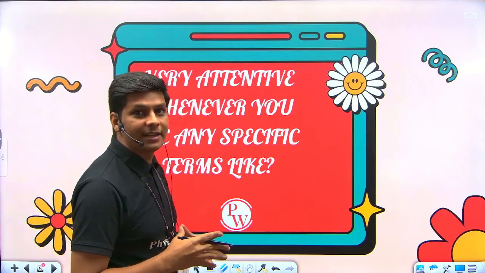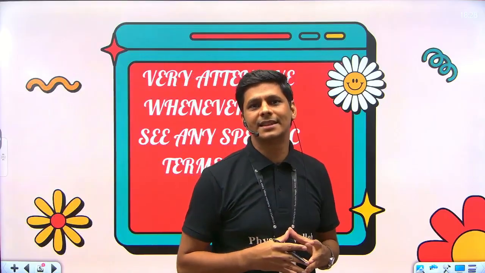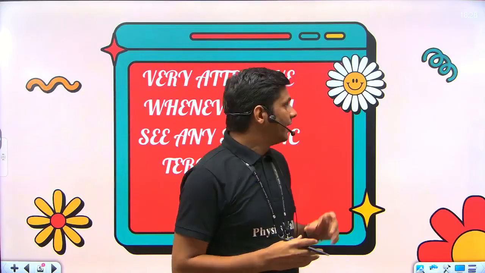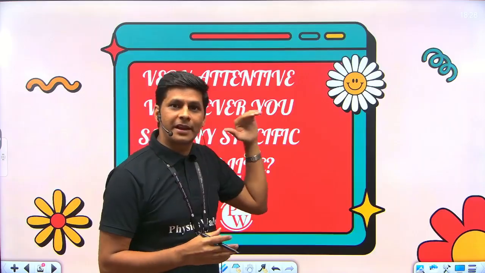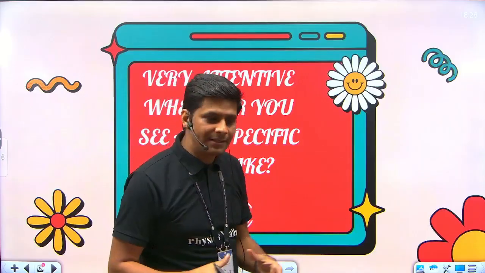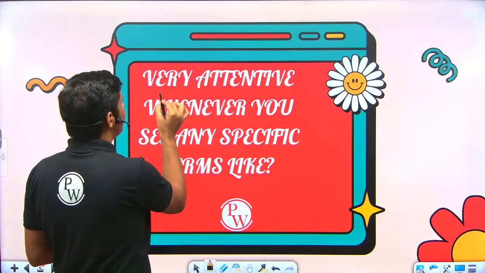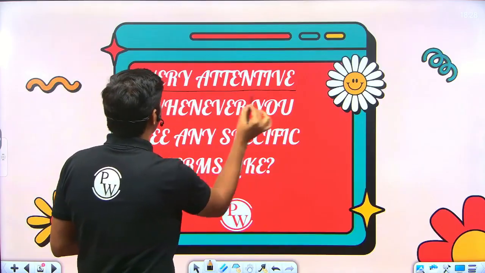A very, very important aspect whenever you are reading NCERT, right? There are beautiful paragraphs, there are certain statements. I have mentioned one very important point, so be very attentive.